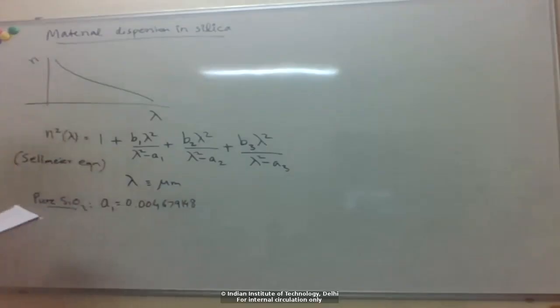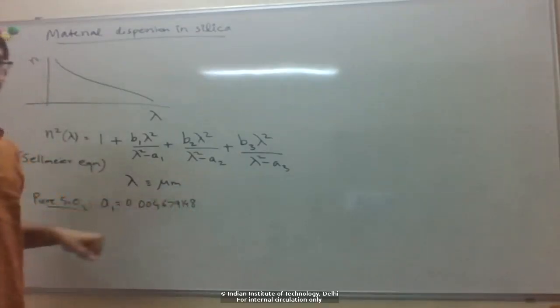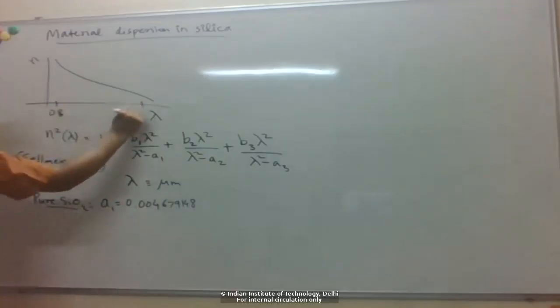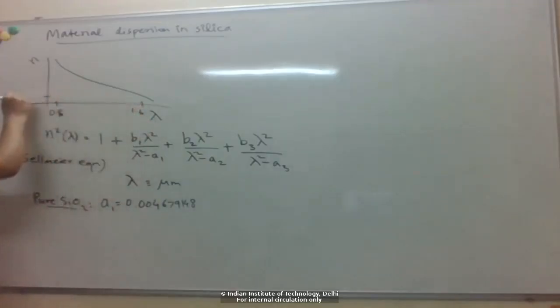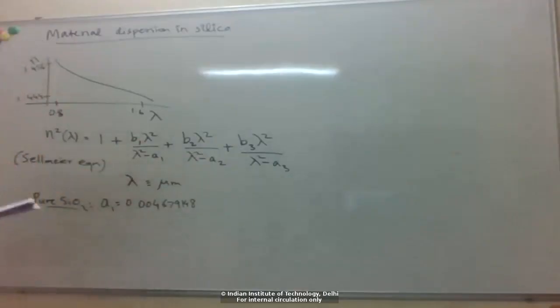You can see that they're taken to be extremely precise, with so many significant digits, because again, as we saw, over a large wavelength range, like from 0.8 to 1.6, this only varied from like 1.44 something to 1.456 something. So the change is very small, and basically these constants have to be very, very precise.